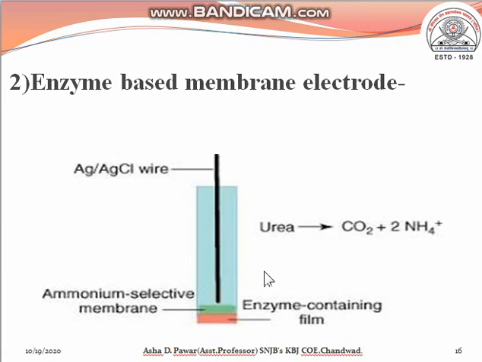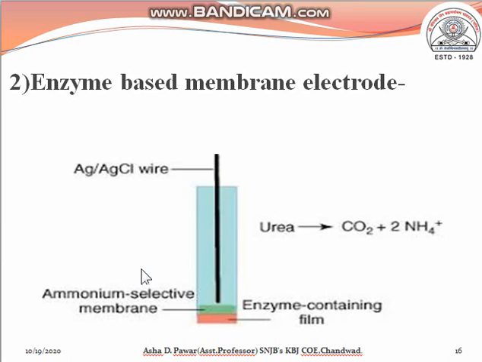The boundary potential develops because of the difference in concentration of ammonium ion inside and outside of the membrane, because in the internal reference solution ammonium ion is already there and its concentration is fixed. When we dip this electrode in a urea solution, urea produces ammonium ion, the concentration of that ammonium ion outside and inside of the membrane is different, and a potential develops. That potential depends upon the concentration of ammonium ion present in the solution.